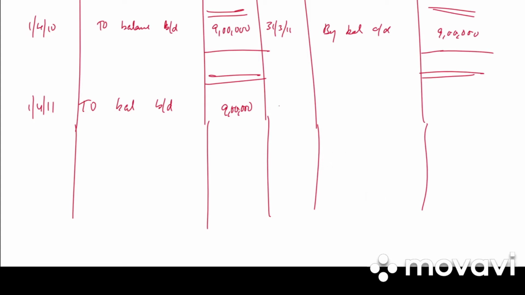So on 1st December 2011 by provision for depreciation account. So it is provision for depreciation. So we need to calculate profit or loss on part of plant sold.